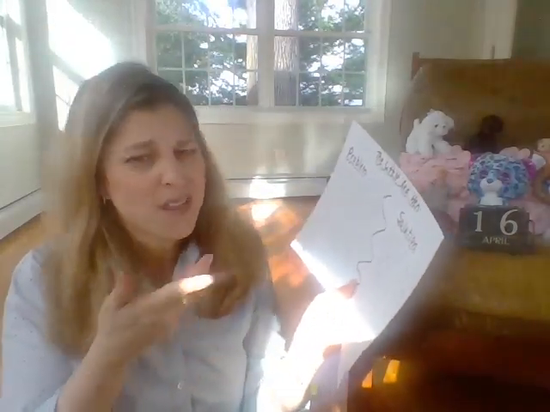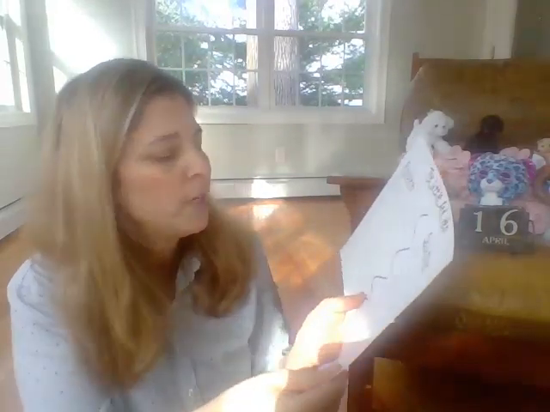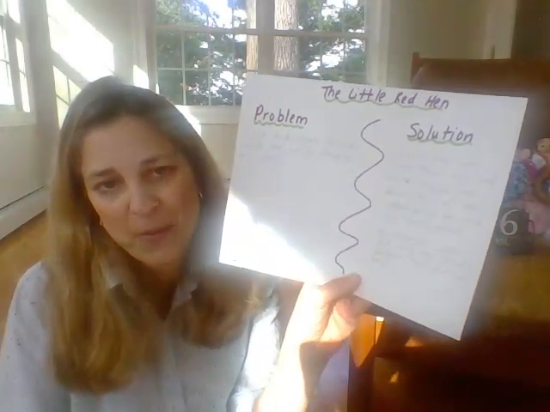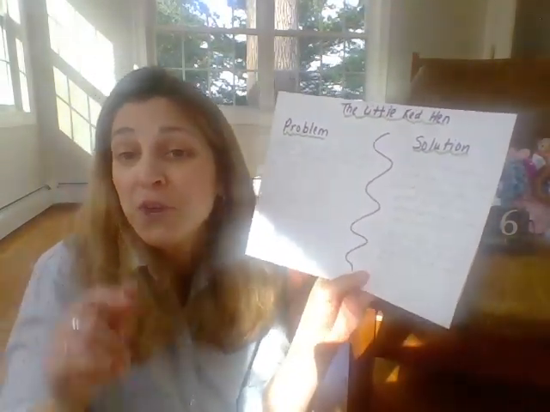So a solution to them not helping was that they couldn't reap the rewards at the end, which was enjoying the bread that was made from the wheat, okay? She kind of was like, yep, no thanks, I'm just gonna enjoy it all myself. So that was kind of the solution, that she just got to eat all the bread herself. And that's what I put. Her friends would not enjoy the bread because they did not help. Okay. But she was very happy to have the whole bread to herself with her cup of tea.